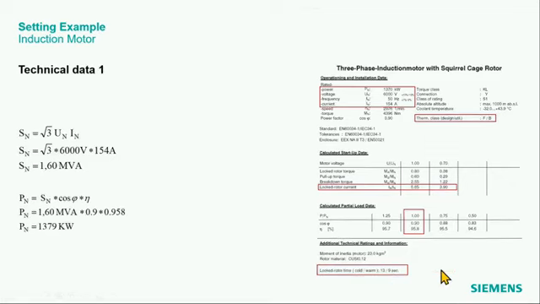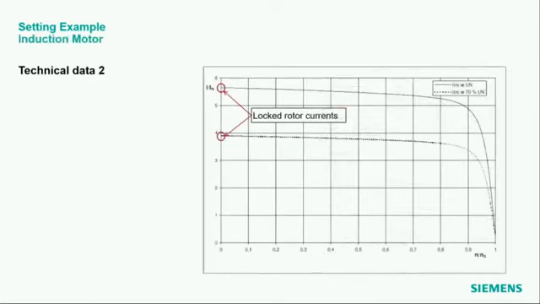But now we need to understand what the startup time is. I have another diagram in my collection of technical data for this motor, and this is the startup curve. Here is the slip. Here it's 1, so there will be no current at all.